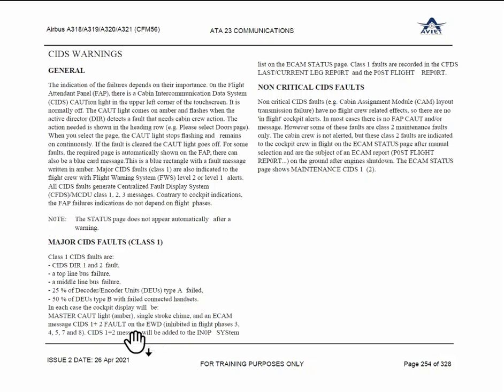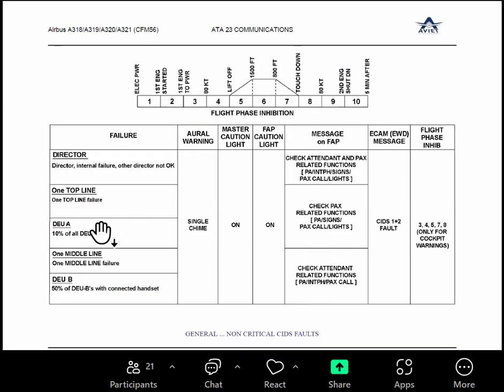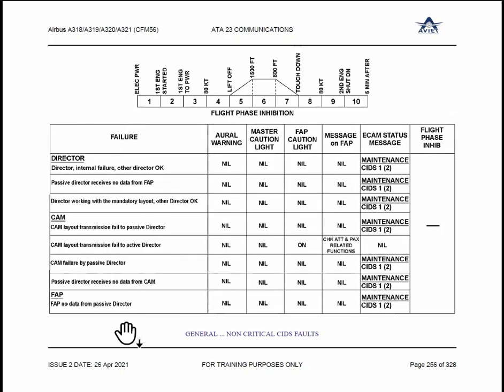DUB logic is same. 50% of the DUB type failed connected with answer. So it will show you in the diagram how they are interfaced and connected. Some more messages related with the director failure, cam failure, FAB failure, right? What will come?